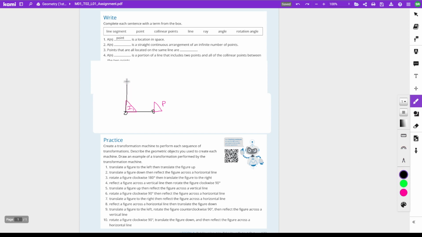Then we're going to translate our shape up. Draw that like that. Call that our I2. So we took our original figure, we translated it to the left, and then we translated it up. And this here would be the answer for number 1.